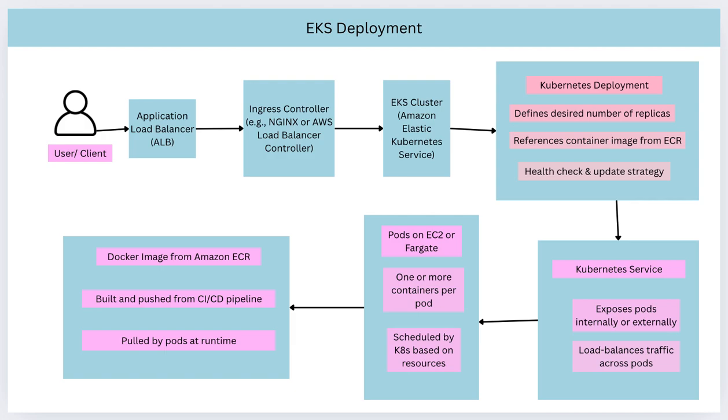Just like ECS, EKS pulls container images from Amazon ECR at runtime. Why use EKS? Because it offers full access to the Kubernetes ecosystem plus flexibility, portability, and integration with open source tools.